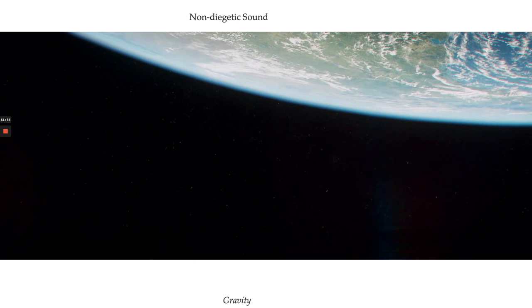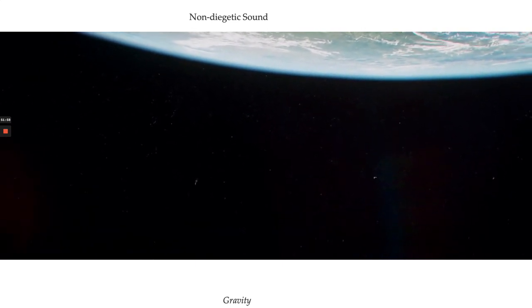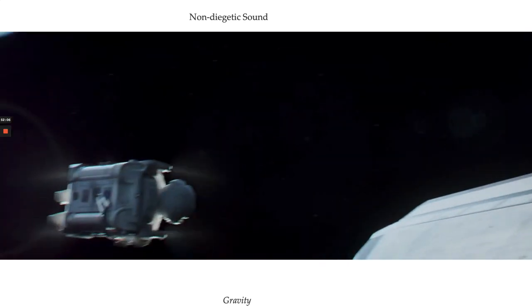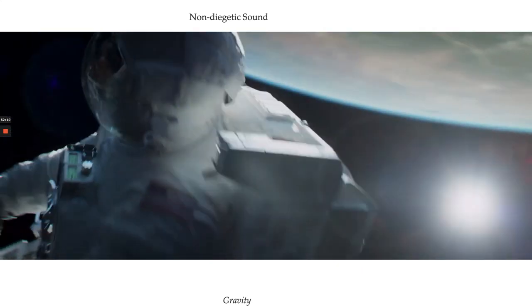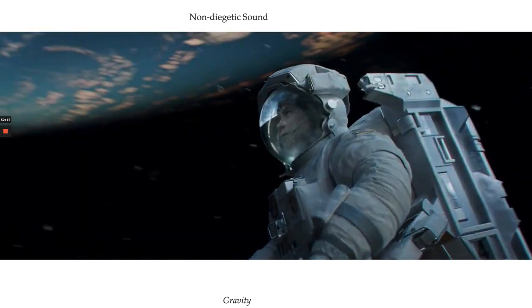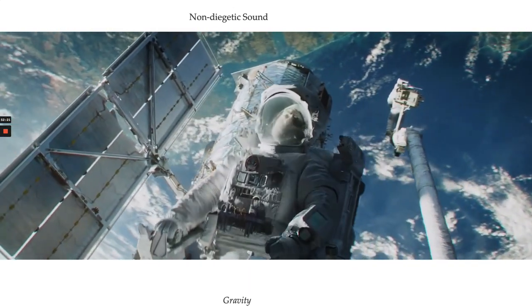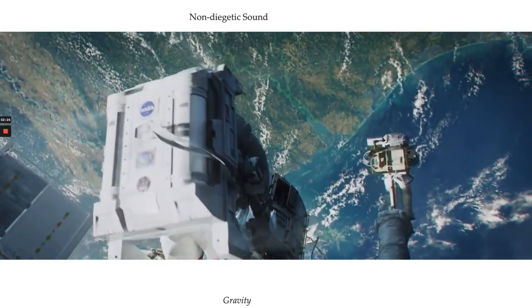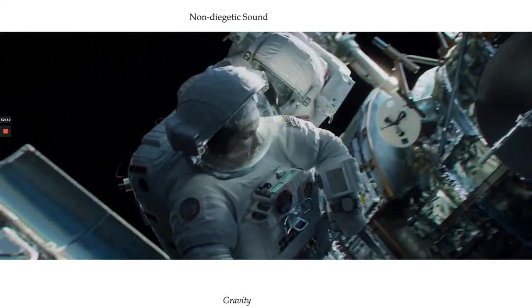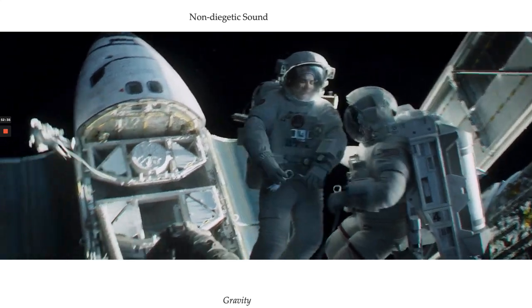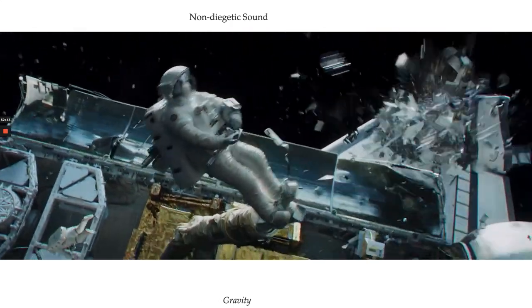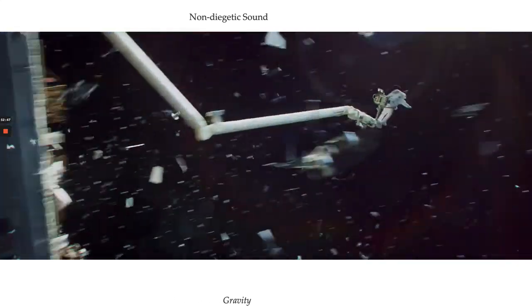We've lost Houston. Explorer's been hit.